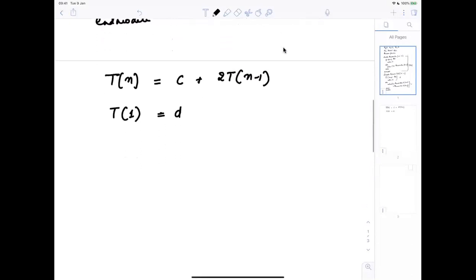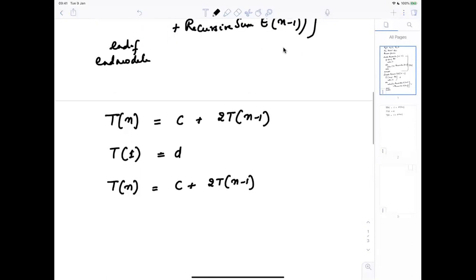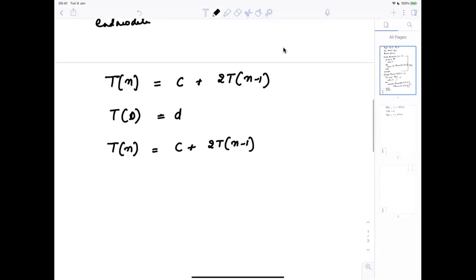So what we do is, let's try and expand this recursion. c plus 2t of n minus 1. I'm sorry, not t of 1, this should be t of 0 over here. Okay. And let's say n is equal to 3.